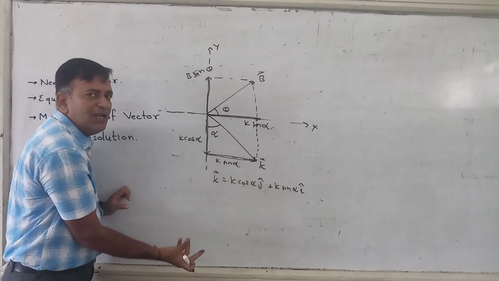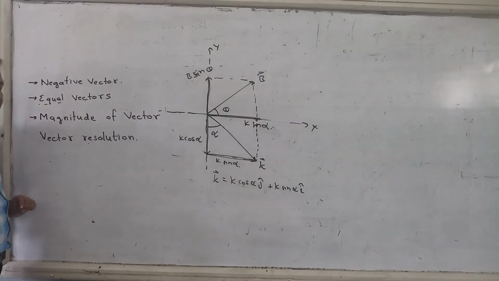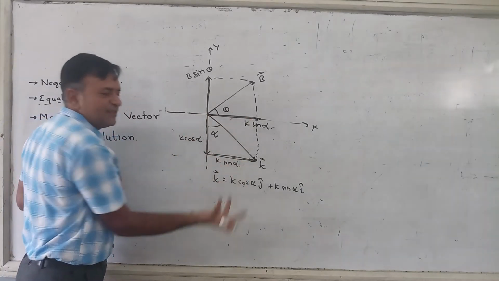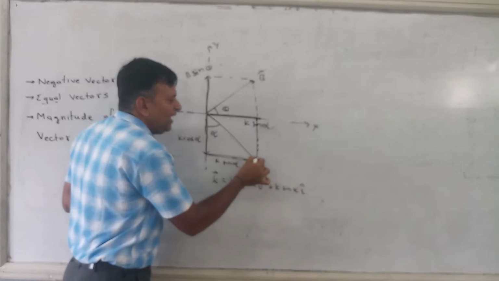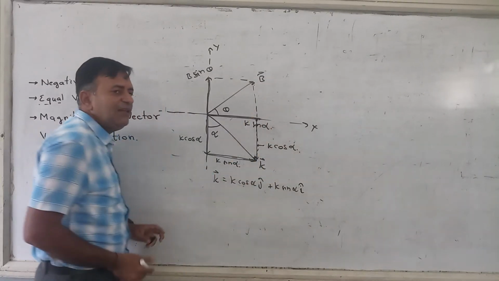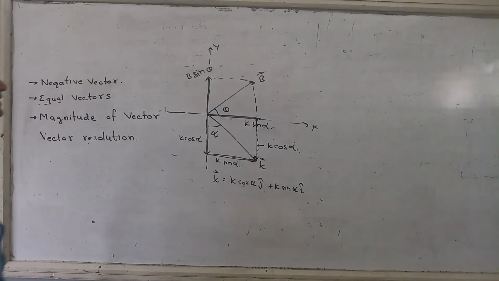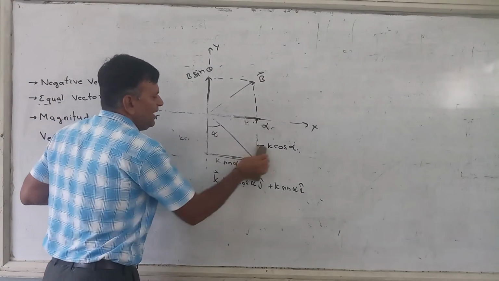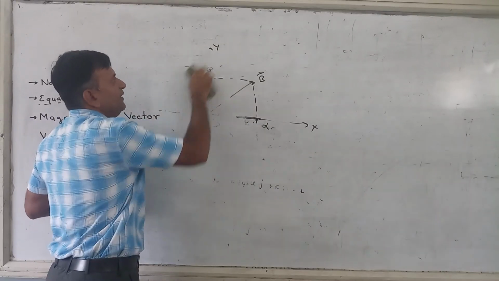So these are equal. Understood what I just taught you about equal vectors? If this is k cos alpha, then this will also be k cos alpha. Okay, this is the simple method of vector resolution.